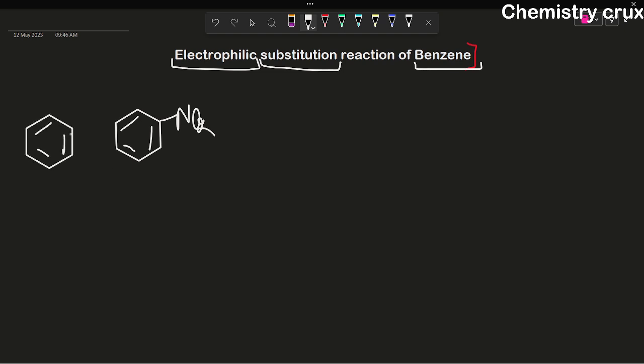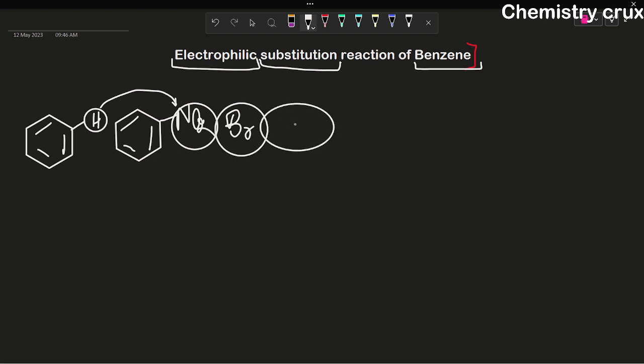Here H was present, now this H has been substituted by NO2. This time in nitration I took the example. If we took bromination, then in place of NO2 we would have Br. If we took sulfonation, there would be SO3H. Fine, different examples we can take. There are many substitution reactions shown by benzene.